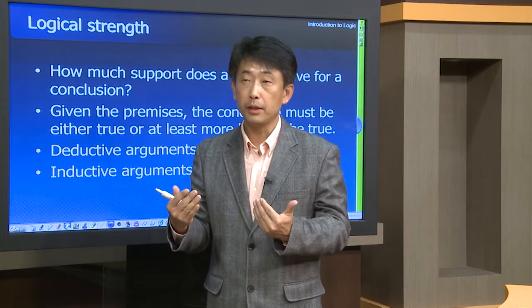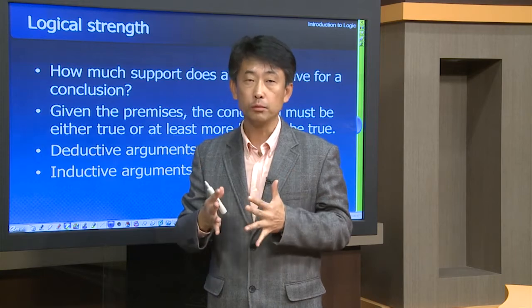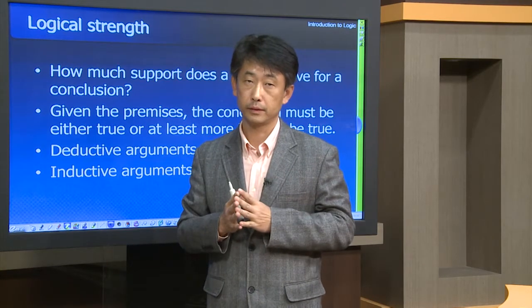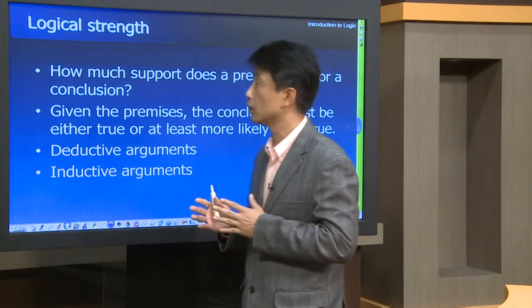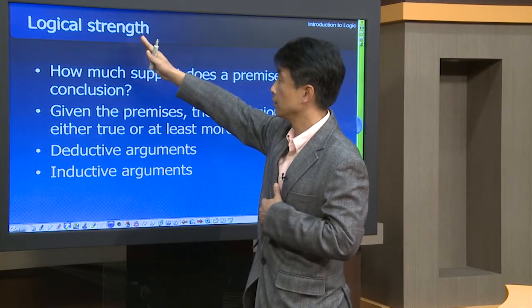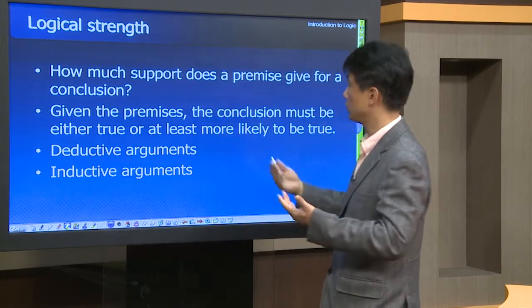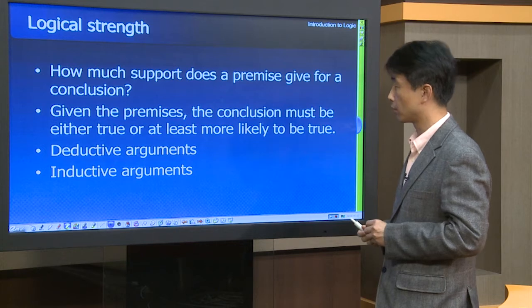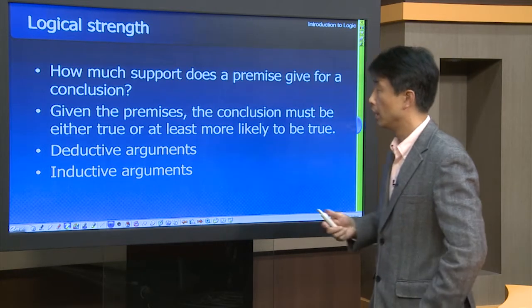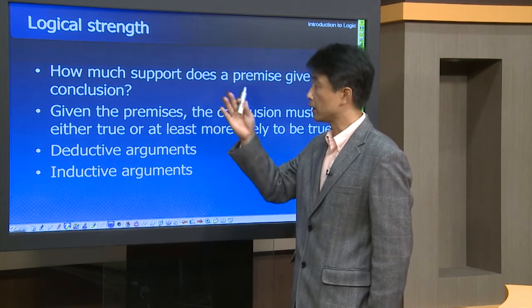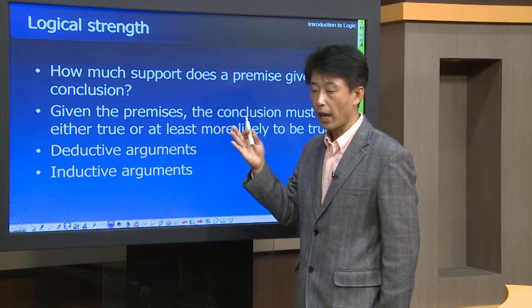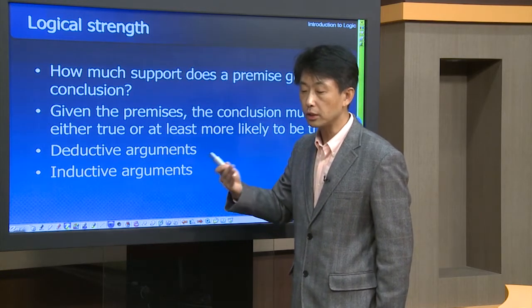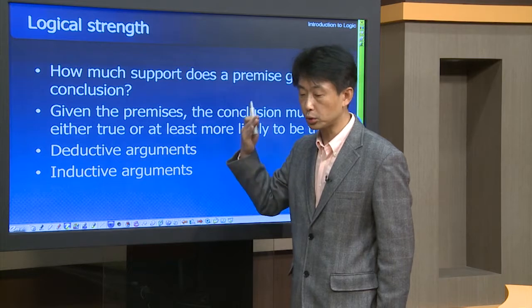Now, the next step is, is that argument good or bad? Okay? We use the words logical strength. This means how much support does a premise give for a conclusion? Does a particular premise actually give us good reason to believe the conclusion is true? Okay?